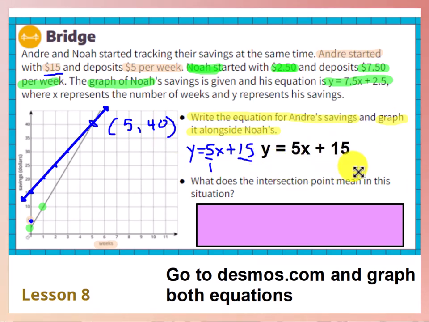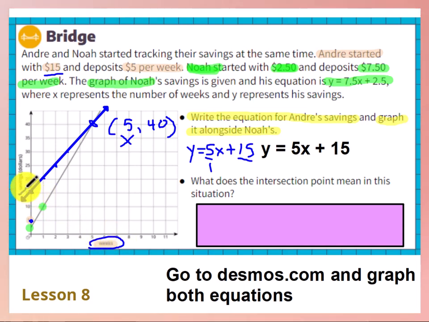All right, so there's your equation. This is where it crosses the y-axis, the y-intercept. And this is the rate of change. We're going up 5 and over 1, our slope. What does the intersection point mean in this situation? So you've got to know that x is your weeks on the x-axis.